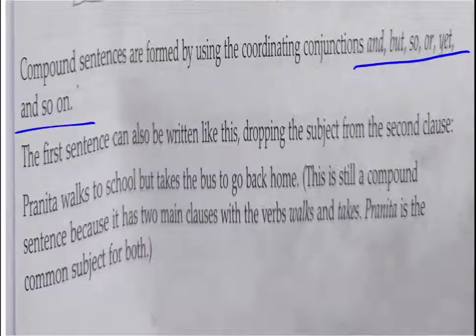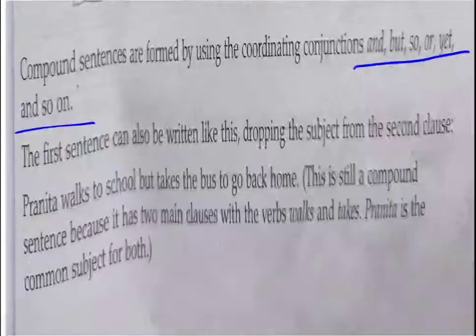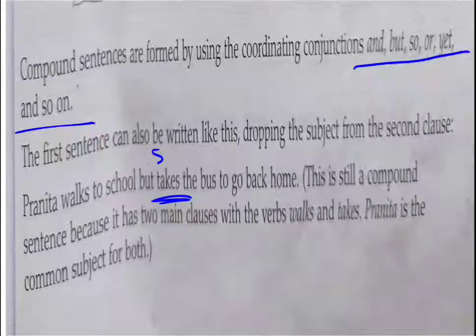The first sentence can also be written like this, dropping the subject from the second clause. Pranita walks to school but takes the bus to go back home. So here you can drop the subject. She is used for Pranita, so you can drop the pronoun she. This is still a compound sentence because it has two main clauses with the verbs walks and takes.